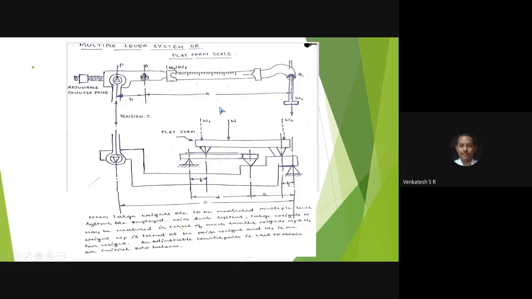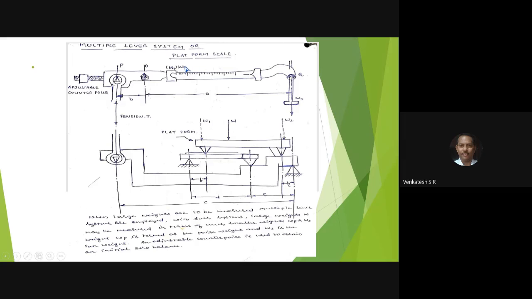All of you go through the dimensions A, B, C, D, E, F, H. These dimensions are very, very important. And next, W1, W2. W1 plus W2 divided by 2 will give you the W.